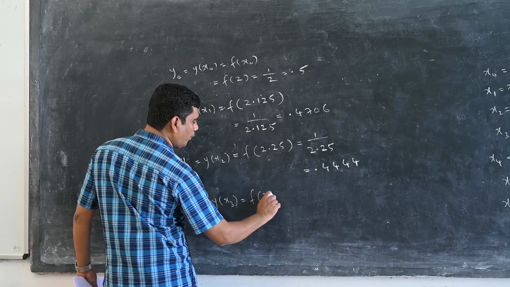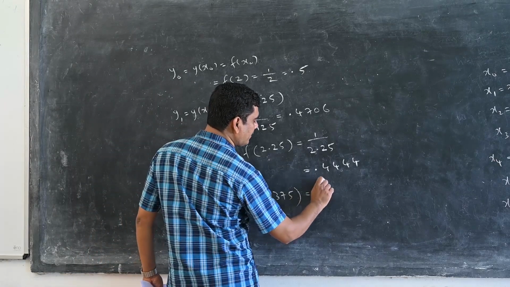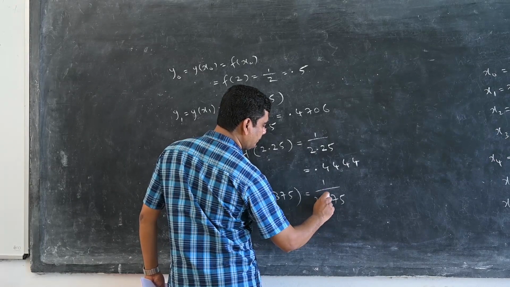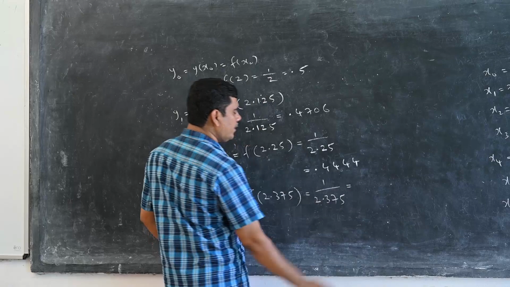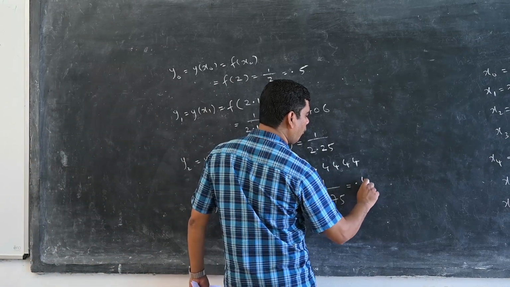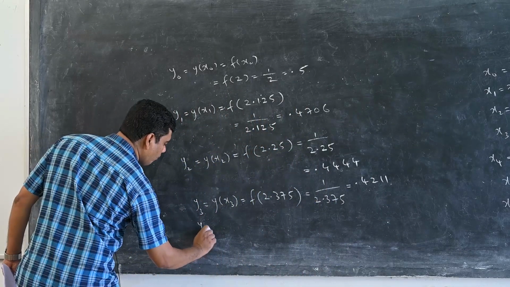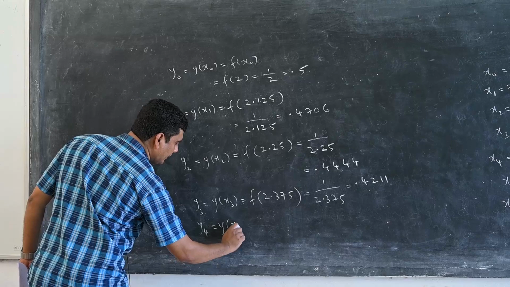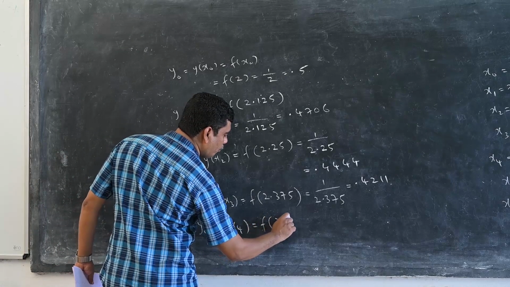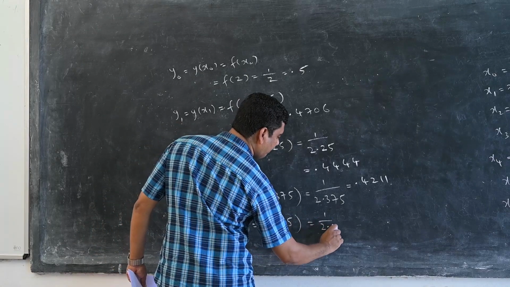f of 2.375, where f of x is 1 by x. 1 by 2.375 is equal to 0.4211. y4 is y of x4. It is f of 2.5, which is 1 by 2.5.